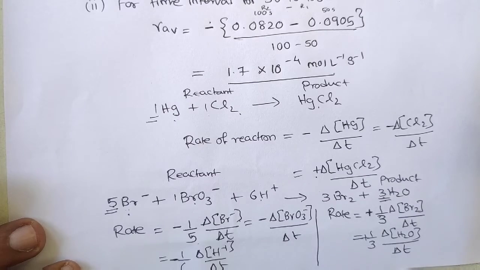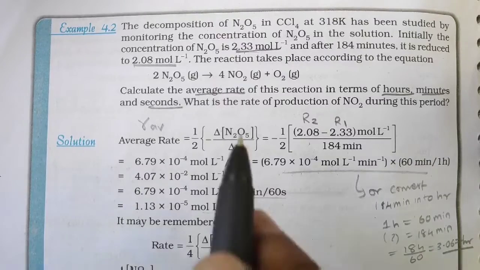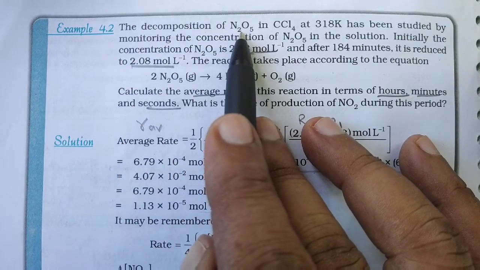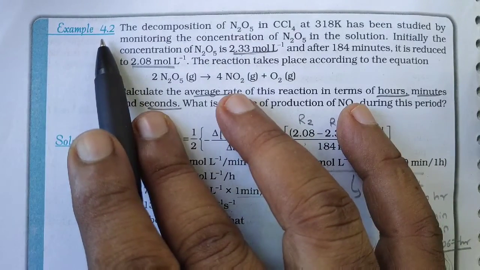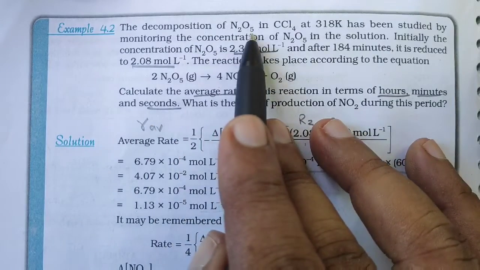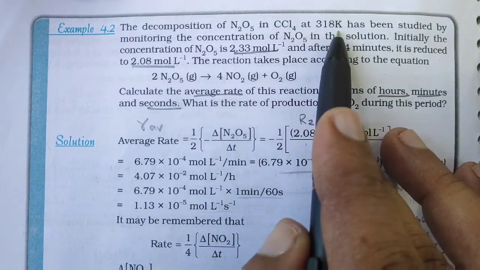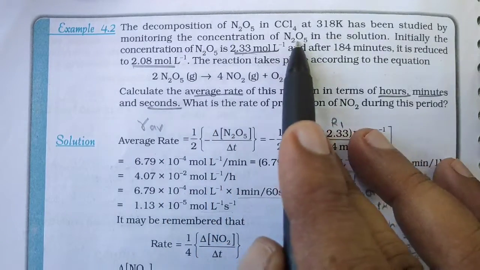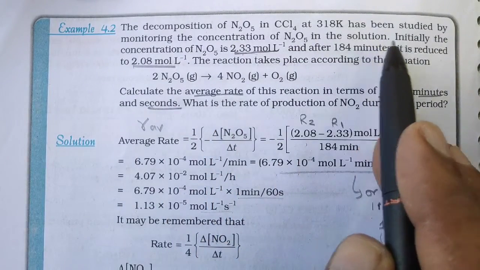Okay, understood? Next part. Now in your textbook there is a reaction given, the decomposition of N2O5. This is example 4.2 on page number 100. The decomposition of N2O5 in CCl4 at 318 Kelvin has been studied by monitoring the concentration of N2O5 in the solution.